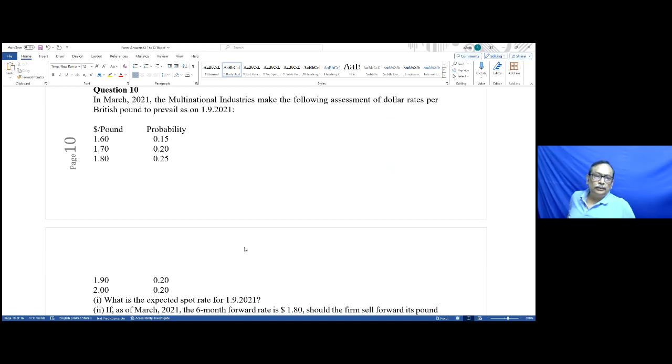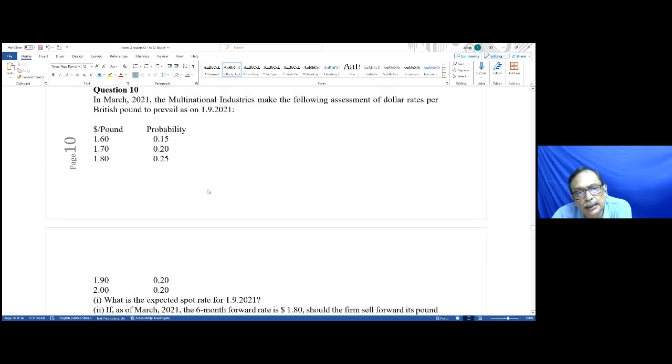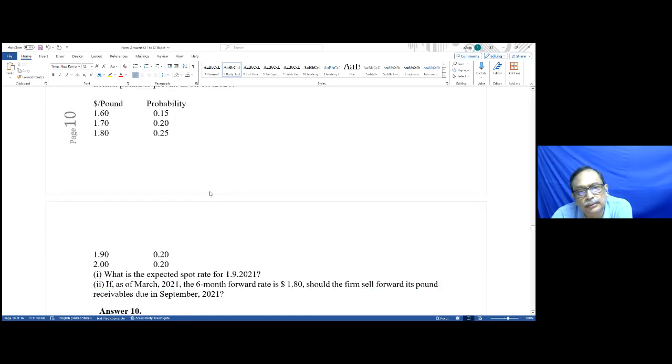Then dollar per pound and the probability are provided. It is 1.60, probability 0.15; 1.70, probability 0.20; 1.80, probability 0.25; 1.90, probability 0.20; and 2, probability 0.20. So if you add the total probability, it comes to 1.